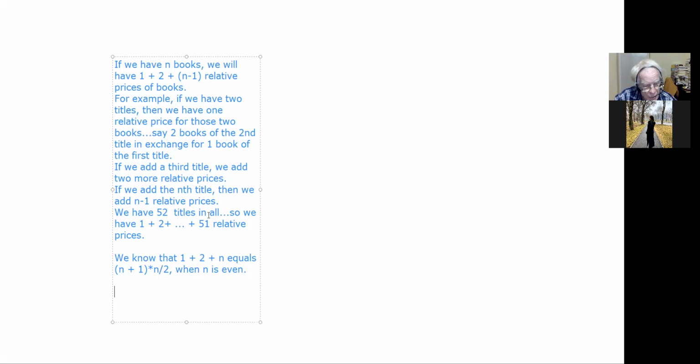So, for example, if we write out the sequence this way, take the two extreme numbers in the sequence, 1 and n. So the value of that pair is just 1 plus n.